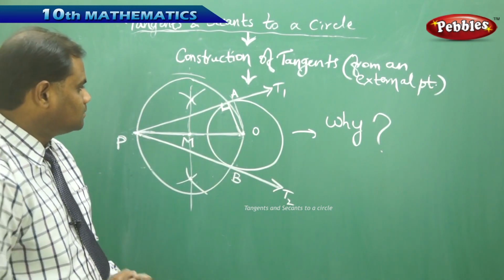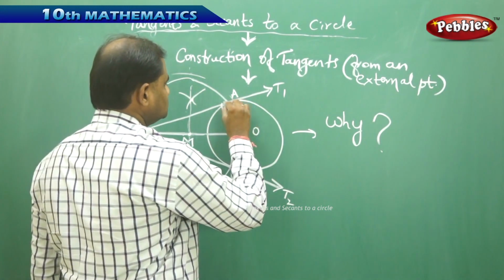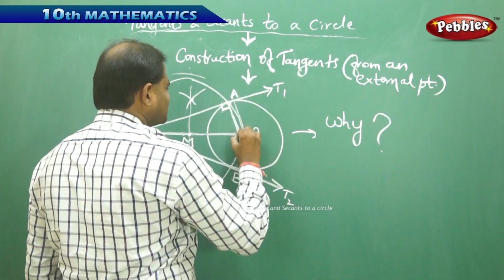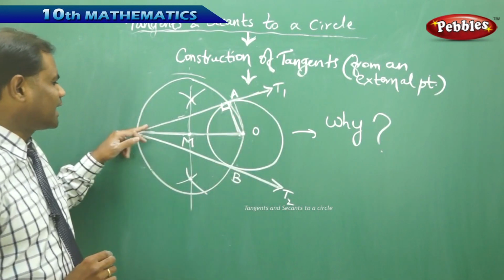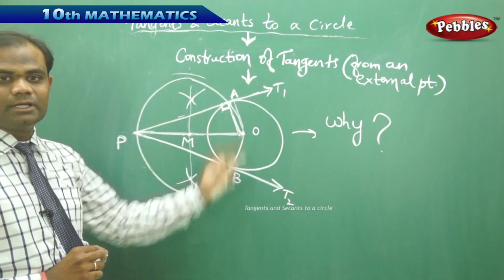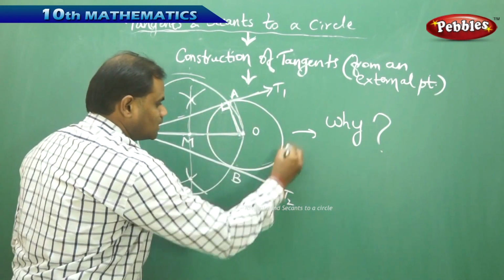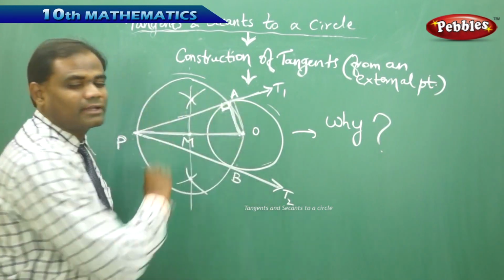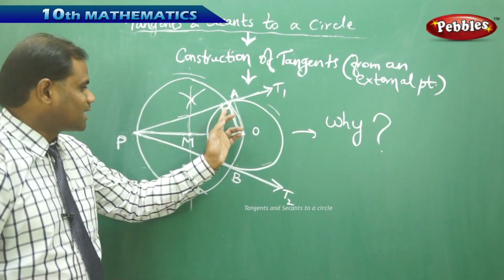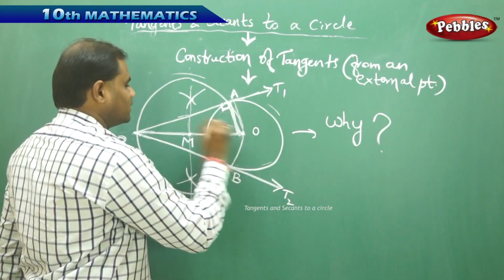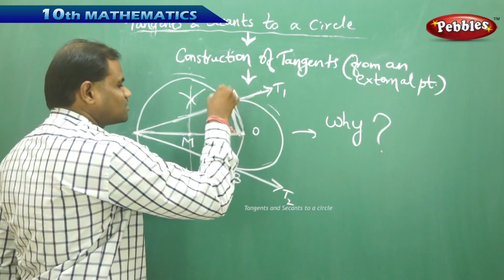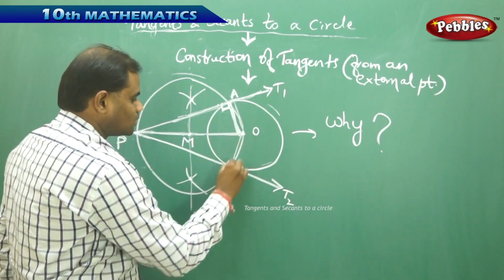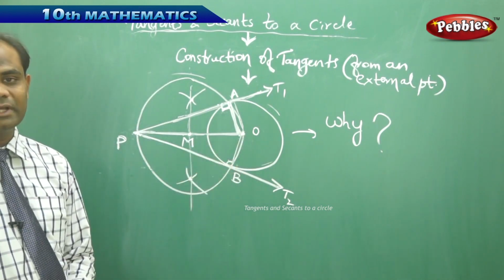Now, indirectly, I have the radius perpendicular to tangent because angle in a semicircle is 90 degrees for this bigger circle, but if you take the smaller circle, I get the same angle to be the radius which is perpendicular to tangent. Because this angle is 90, this must be a radius and this must be a tangent to that radius. That is how we conclude using the concept of radius perpendicular to tangent.